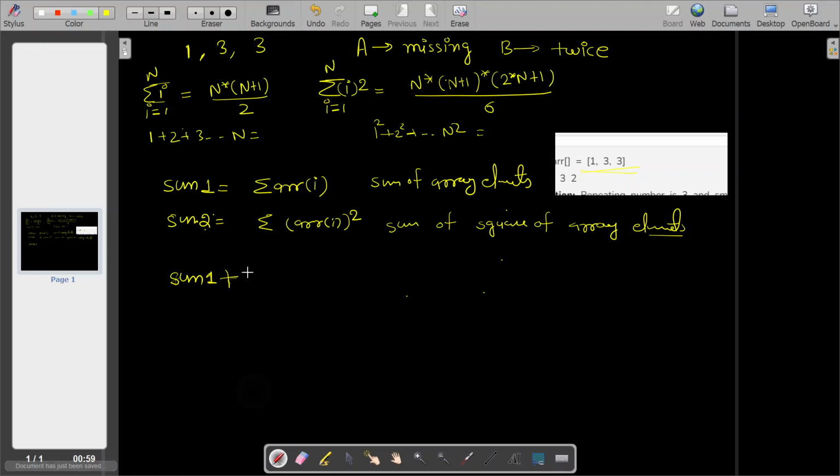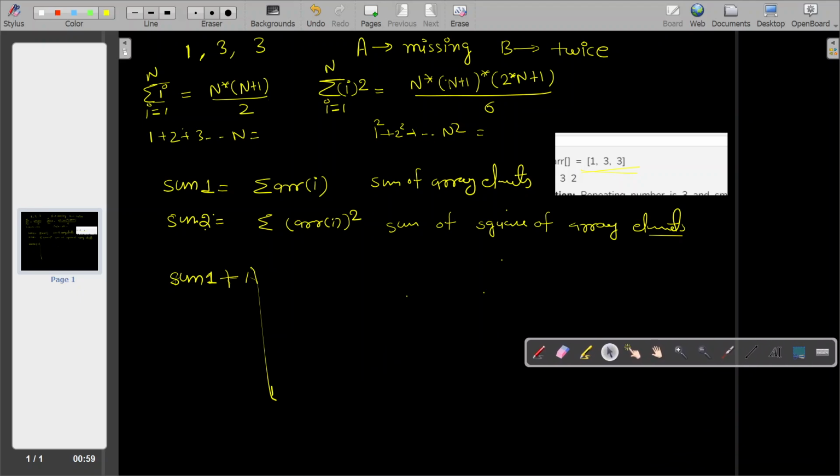If in sum 1 I add A, because A is missing there, and I subtract B, will this become equal to Sn, the summation of 1 to n, or not?